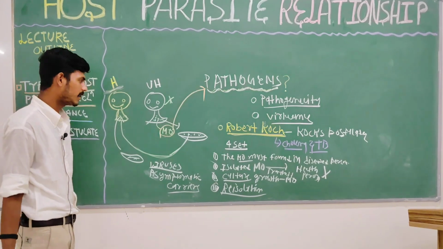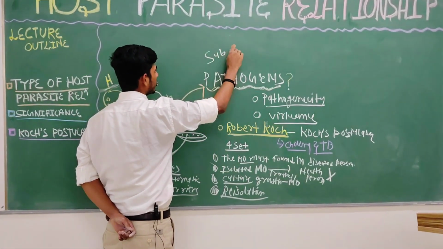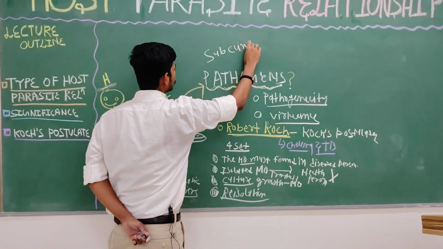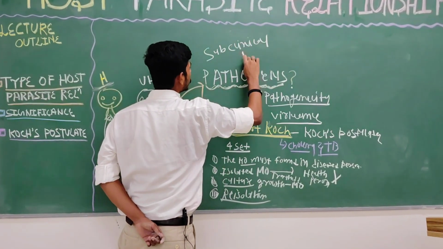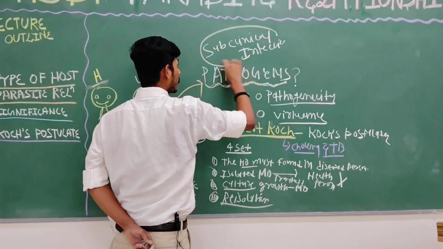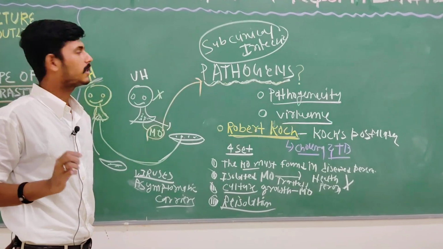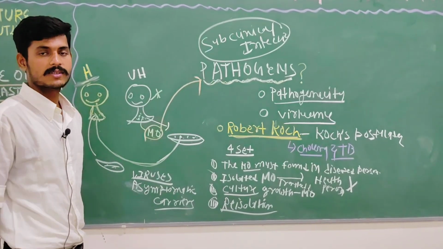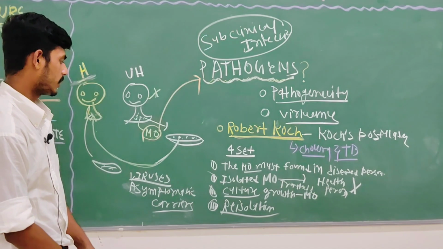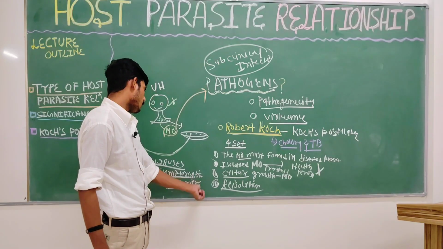Got the points? Yeah, you have heard about one kind of infection called subclinical infection. Subclinical infection means organisms are present in the body, but they are not exhibiting any severe signs and symptoms. So that's called the asymptomatic carrier.